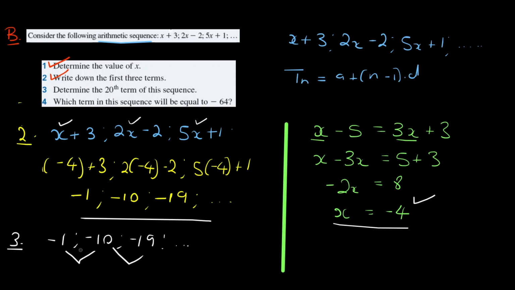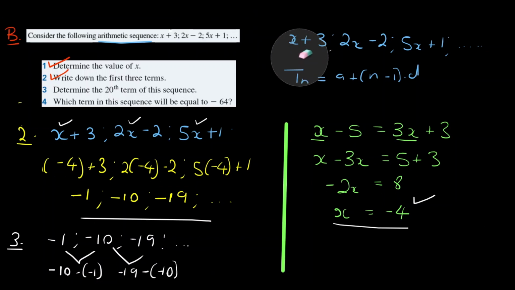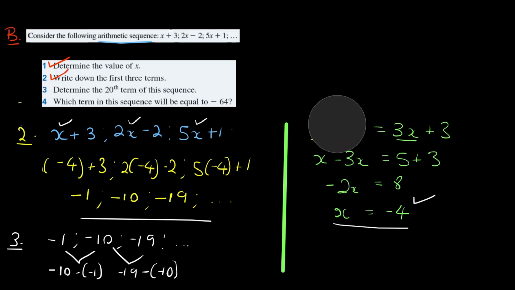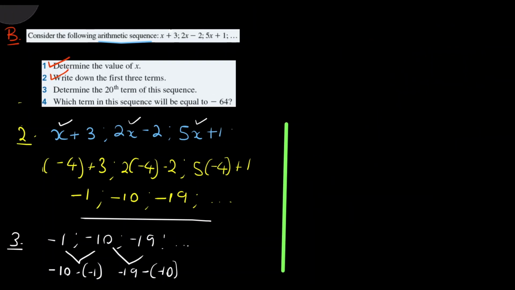So we're going to say -10 minus -1, and -19 minus -10. And let's move our working so we're able to have more room in space. So we can just shrink this working, bring it to the top.